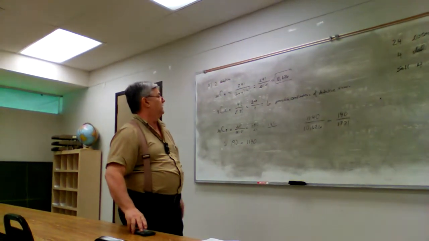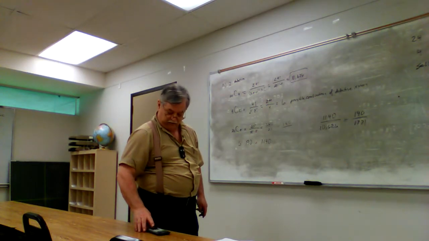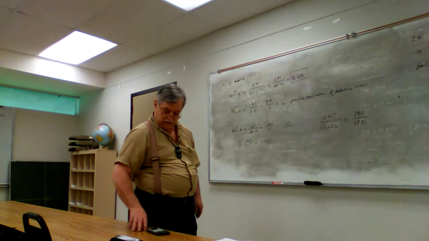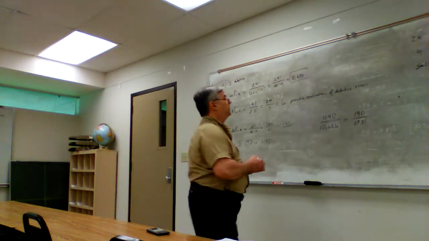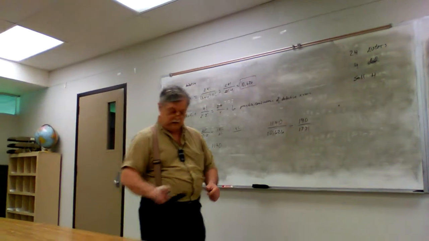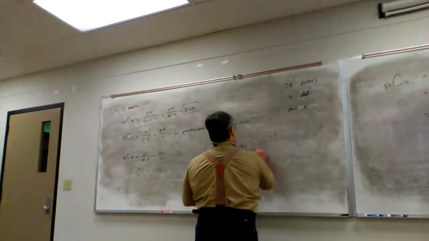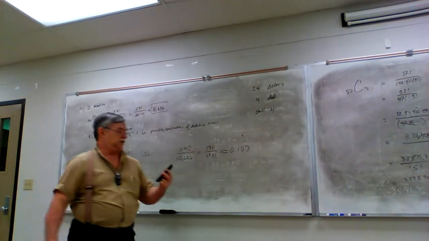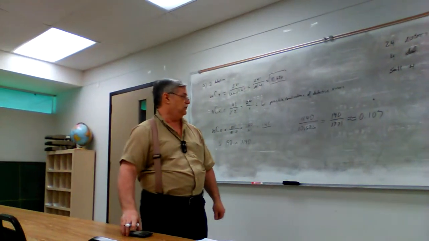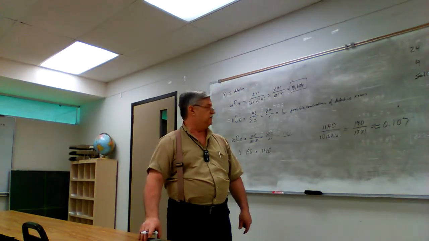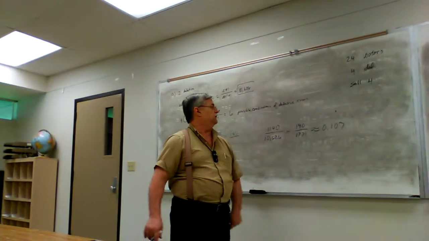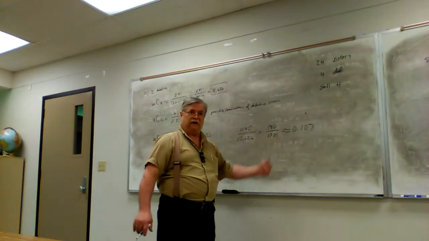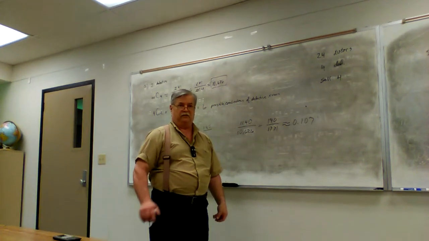Or in decimal notation, a probability of about 0.107, or about 107 chances in every 1,000. Specifically, 190 chances in every 1,771.